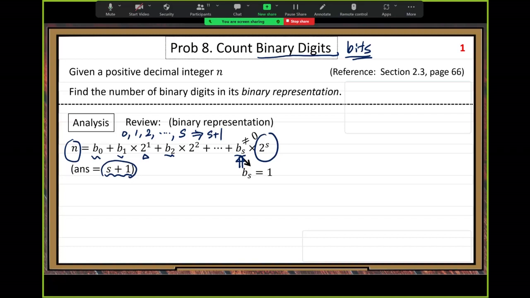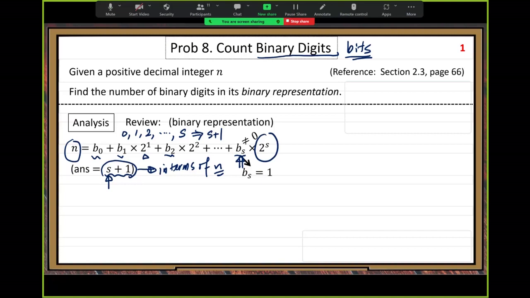But the question is, here we use the s. Our answer is s, but we should represent it in terms of n. We want to represent s in terms of n. N is the given number, so we know it. But that s, we need to find it.